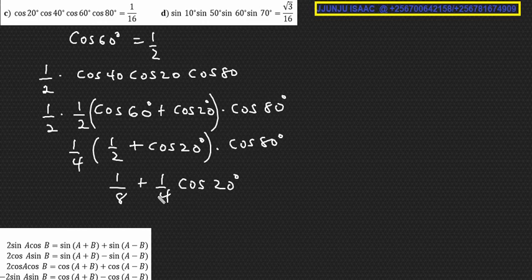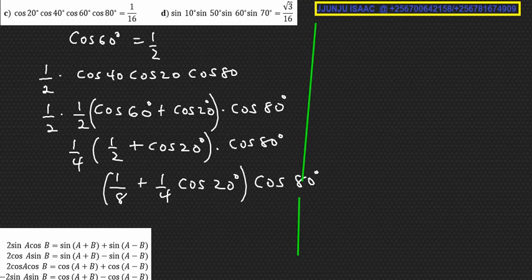So from that, don't forget this cos 80 degrees. I'm going to multiply the cos 80 degrees in this bracket.